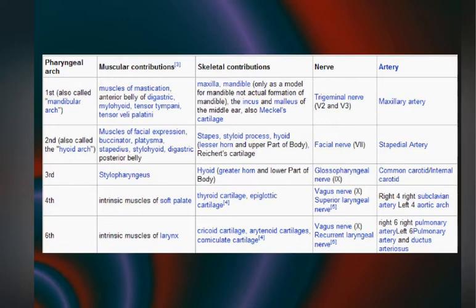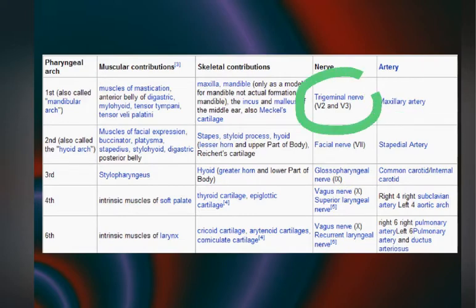So all these muscles are derived from the first pharyngeal arch, and their nerve supply and blood supply should be from the same source. Nerve supply, here you see it's the trigeminal nerve. So all these muscles have their nerve supply from the trigeminal nerve, and their blood supply from the maxillary artery.